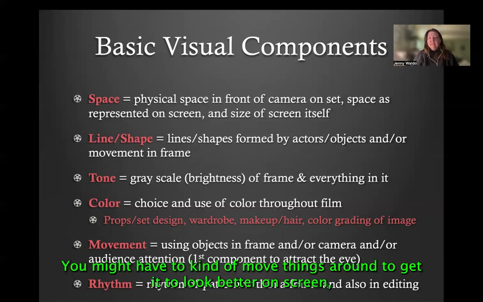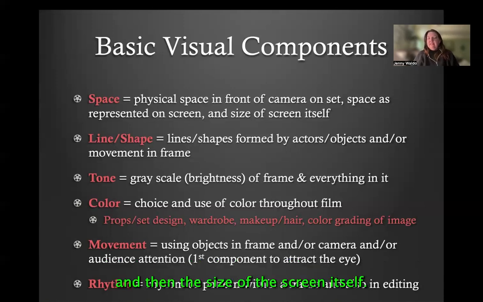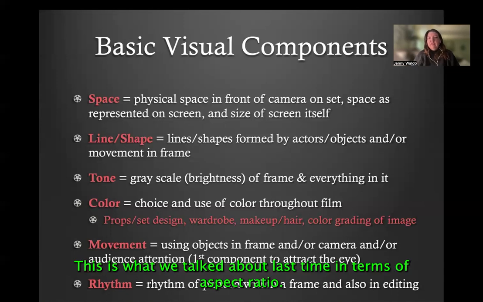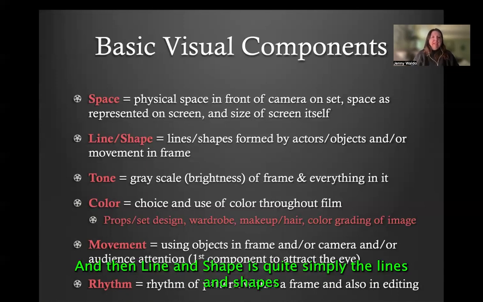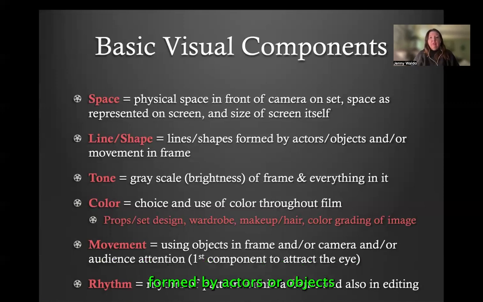You might have to move things around to get it to look better on screen. And then there's the size of the screen itself, which we talked about last time in terms of aspect ratio.